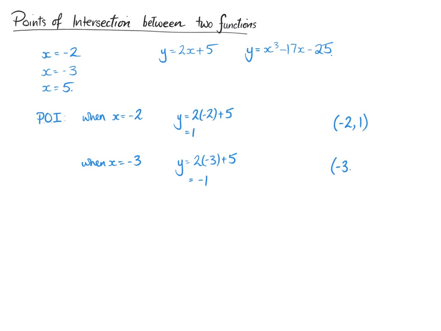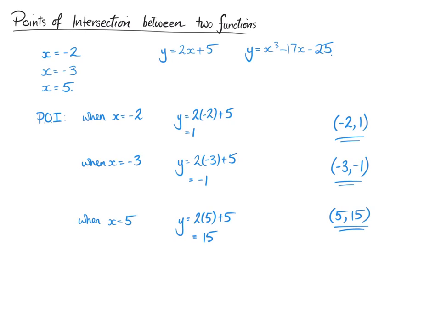So we've got minus 3, minus 1. That's where my graph wasn't quite right. And when x equals 5, we've got y equals 2 times 5 plus 5, which is 10 plus 5, 15. So we have the point 5, 15. Those are our 3 points of intersection for this graph.